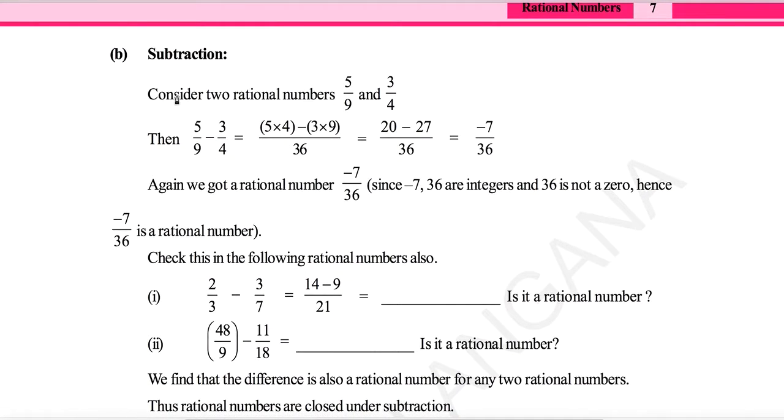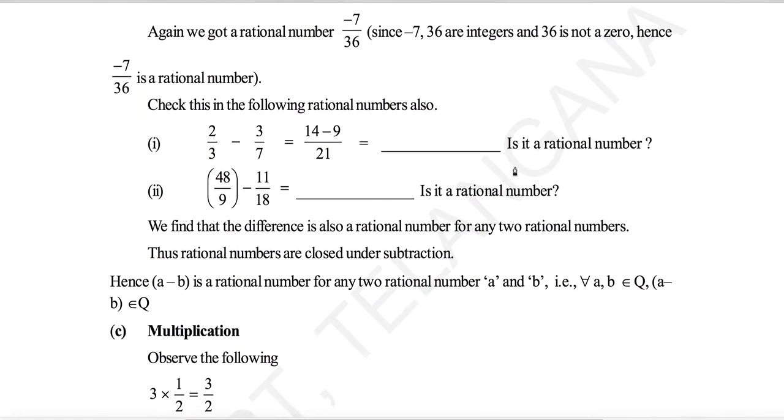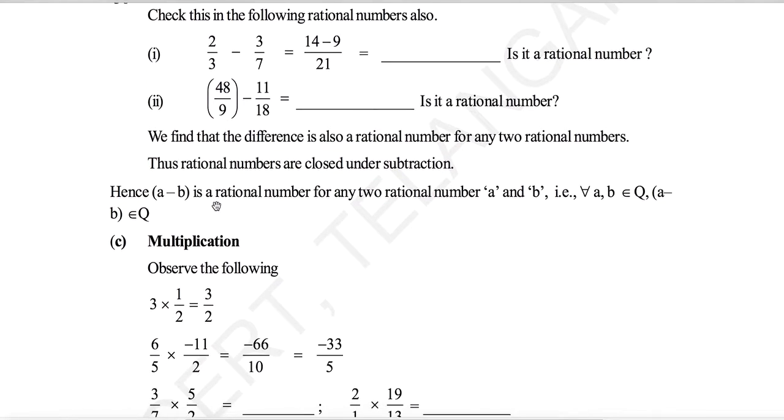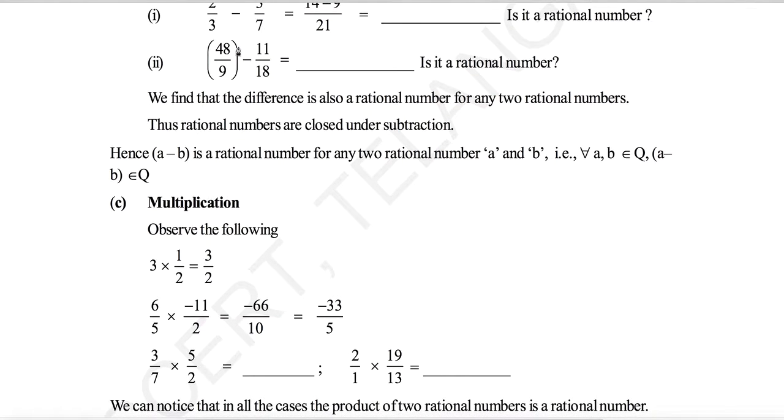So, what about subtraction? Consider any two rational numbers, 5 and 3 by 4. Again, you got a rational number, right? Check with the following: is it rational? Yes, 5 by 21 is rational. This you will also get rational. 9 by 6 minus 1 by 1, that is nothing but 585 by 18.